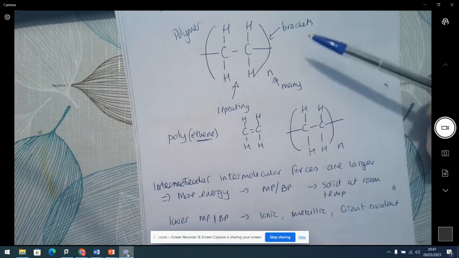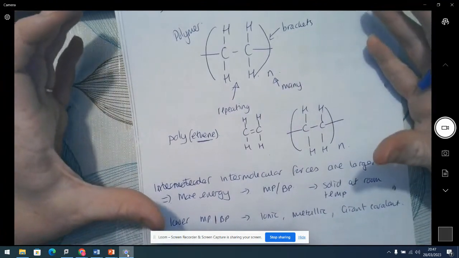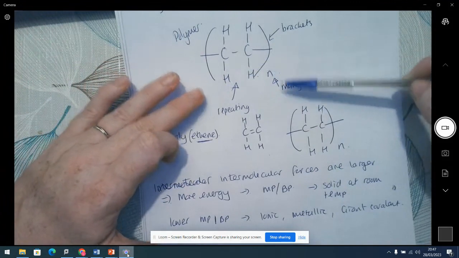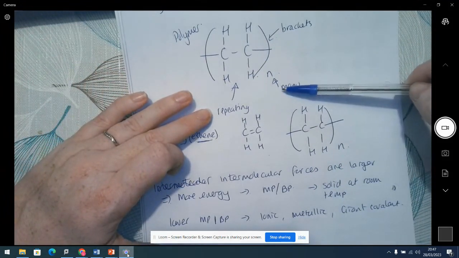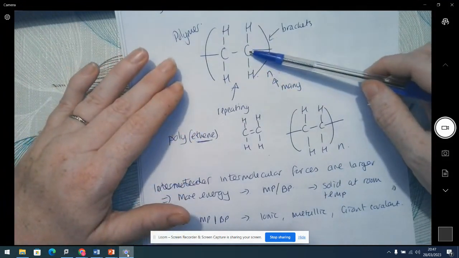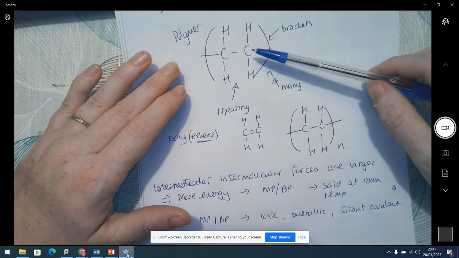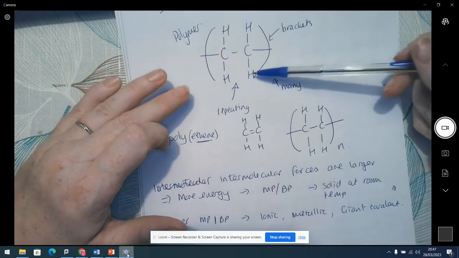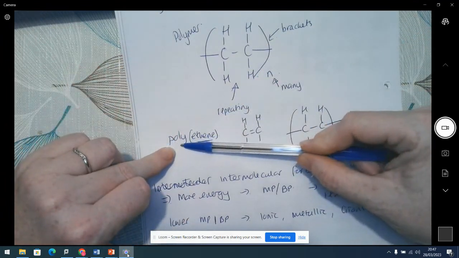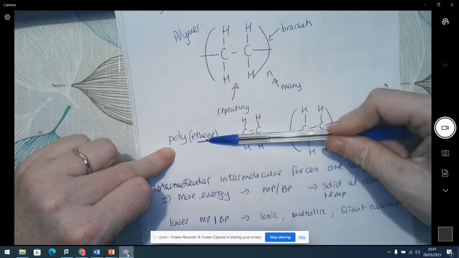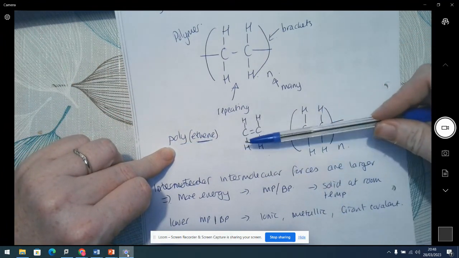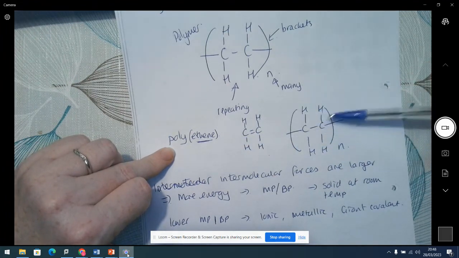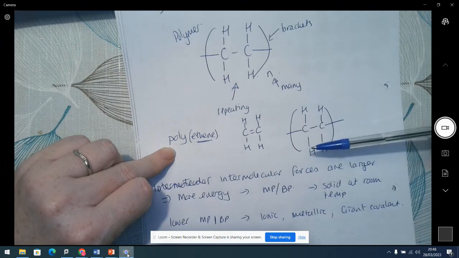So just be aware that we've got big structures that are polymers. They're made up of repeating units. They look like this. They have the brackets with the n. The n means many. And this is covalent bonding because I've got non-metals bonding together, sharing electrons in their outer shells. And the name of a polymer usually always begins with poly, and then the second part of the name is usually the monomer. So in this case, we've got ethene, monomer, the double bond breaks, and then we form this big long chain polymer.